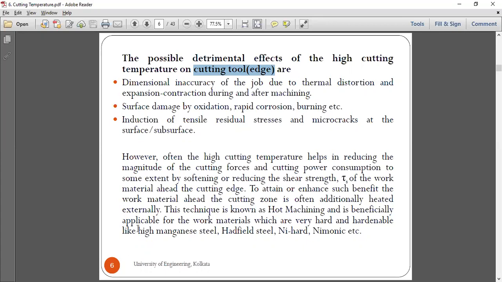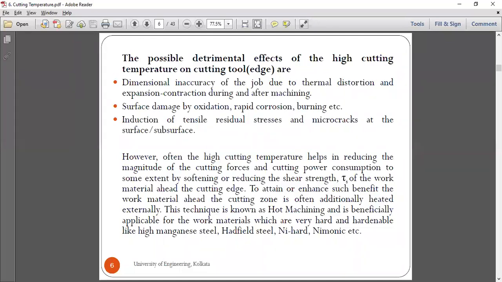Now, what happens? This higher temperature at times we require to reduce the cutting forces. Suppose there are a few materials which are very hard and which have a very high amount of shear strength. It becomes difficult for a tool to penetrate through it and remove the material. So at times, higher cutting temperature helps to reduce the shear strength or make the material soft, in order to reduce the magnitude of the cutting forces.